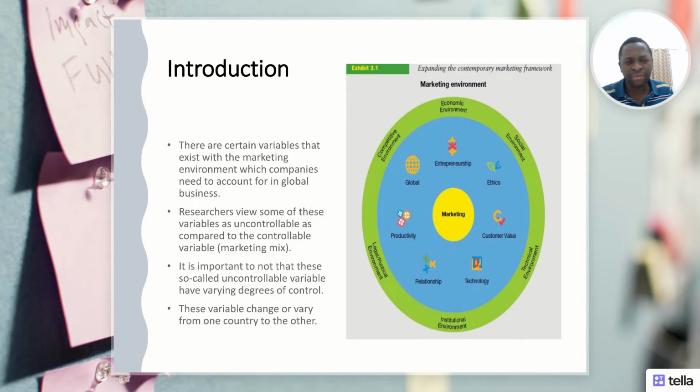And it is important now for marketers to understand that this environment changes from one place to the other. This environment changes from one time to the other.